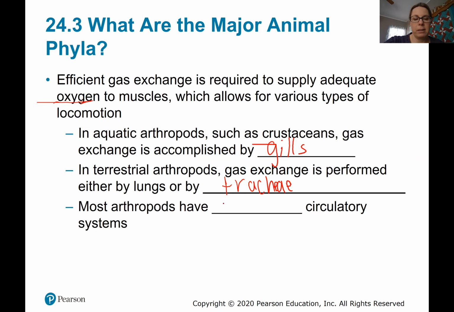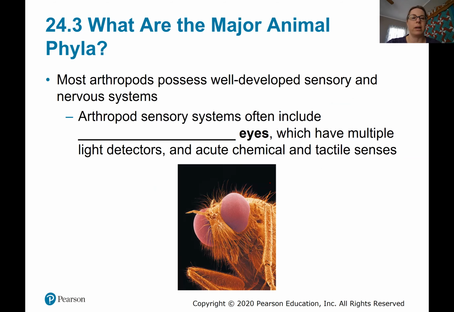Most arthropods have open circulatory systems, so they'll have a hemocoel, that cavity that contains the quote unquote blood. Most arthropods have a really good sensory system and nervous system. A lot of them will have compound eyes, like this particular fly that senses light.